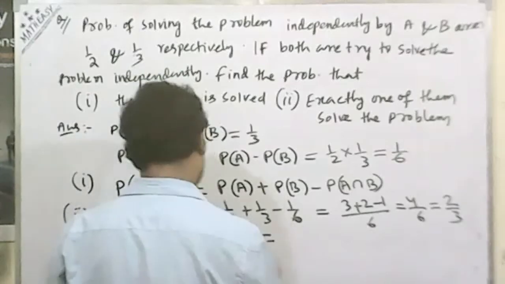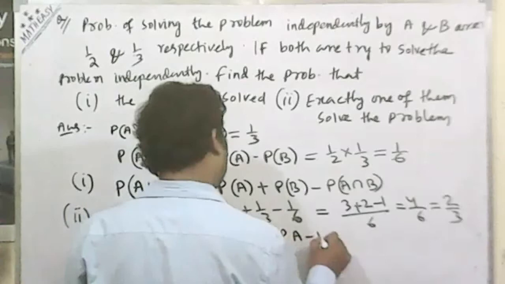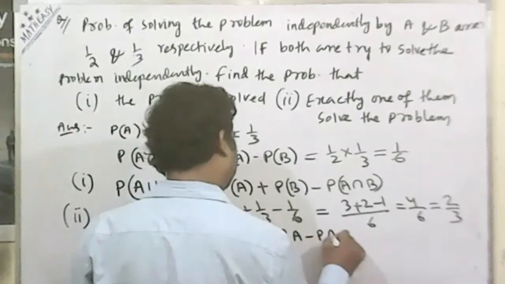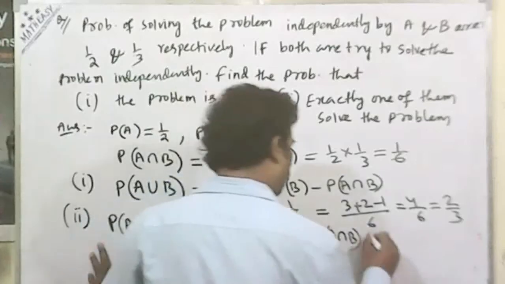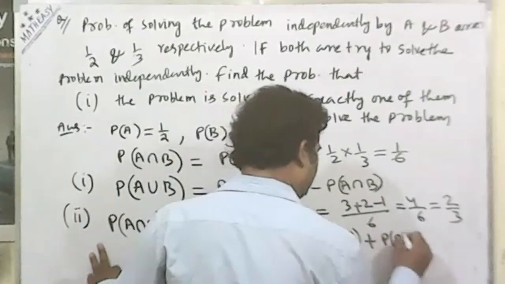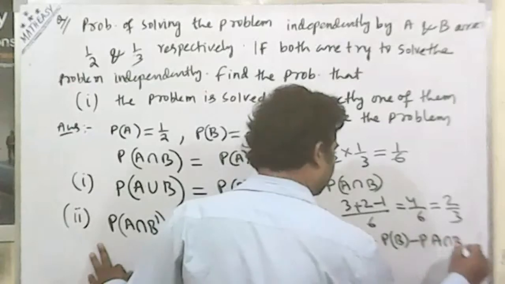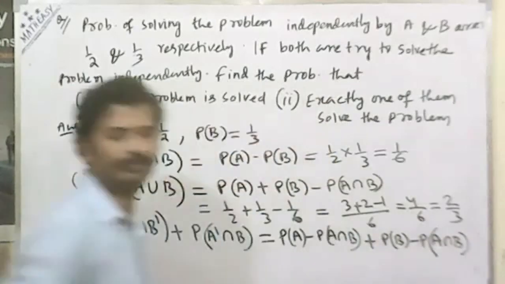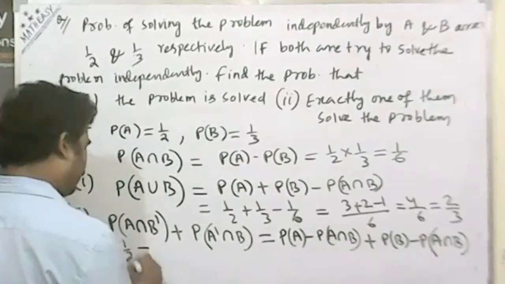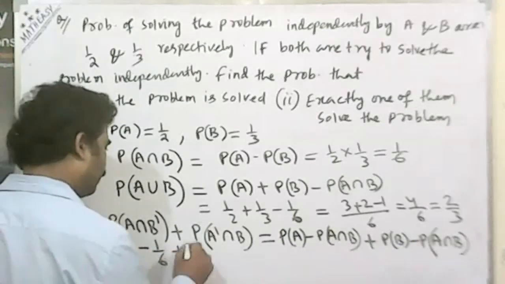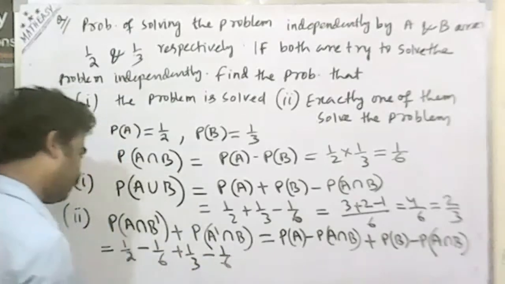It means probability of A minus probability of A intersection B plus probability of B minus probability of A intersection B. It means 1/2 minus 1/6 plus 1/3 minus 1/6.